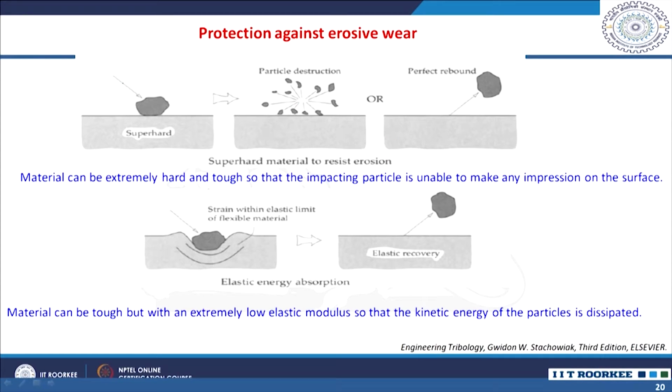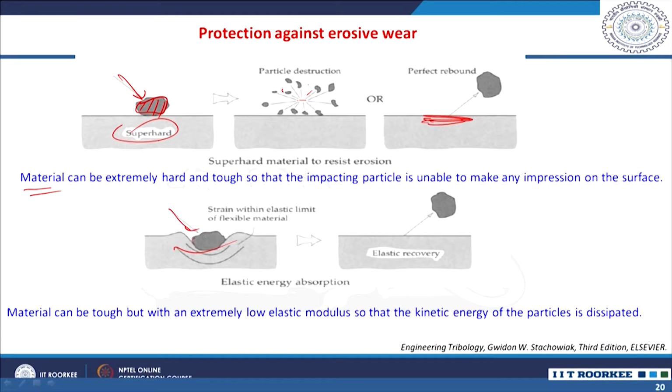The particle impinges on the super hard material, which is also tough, so that the particle itself is damaged. After erosion you do not find any damage on the surface of this material. Or you can have a material which is tough and at the same time extremely low in elastic modulus, so that all the kinetic energy of the particles is harmlessly dissipated.